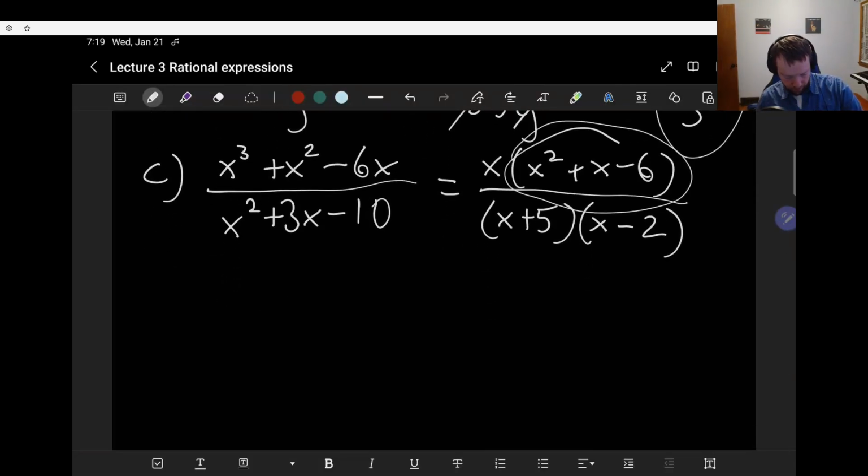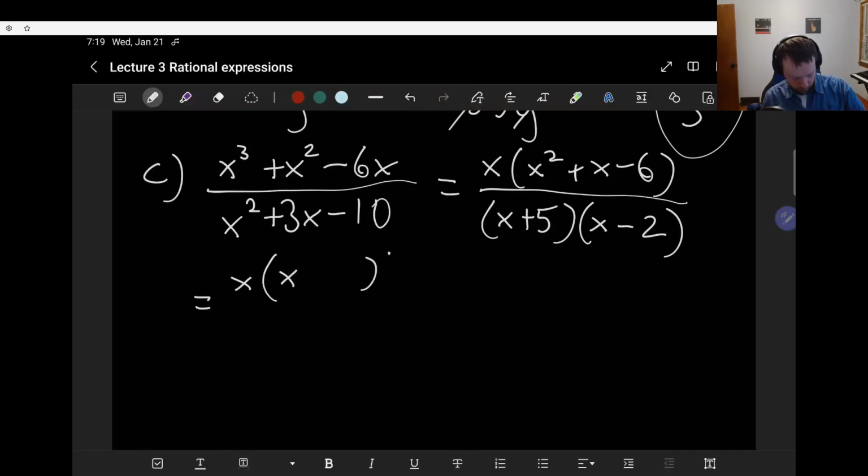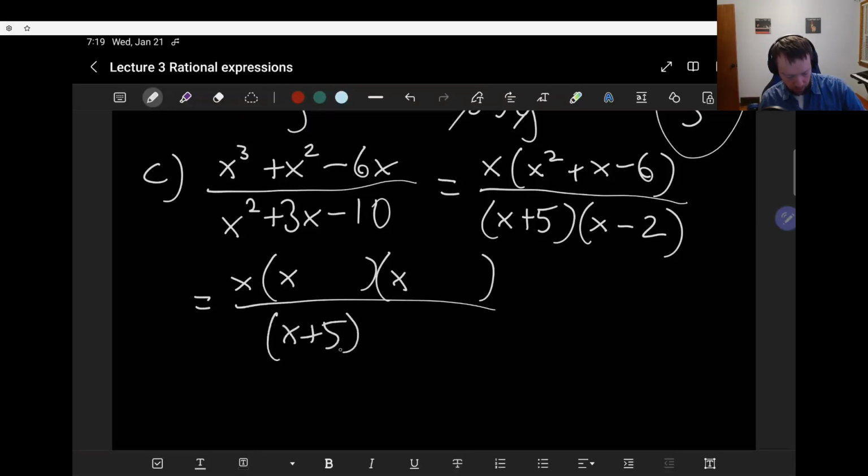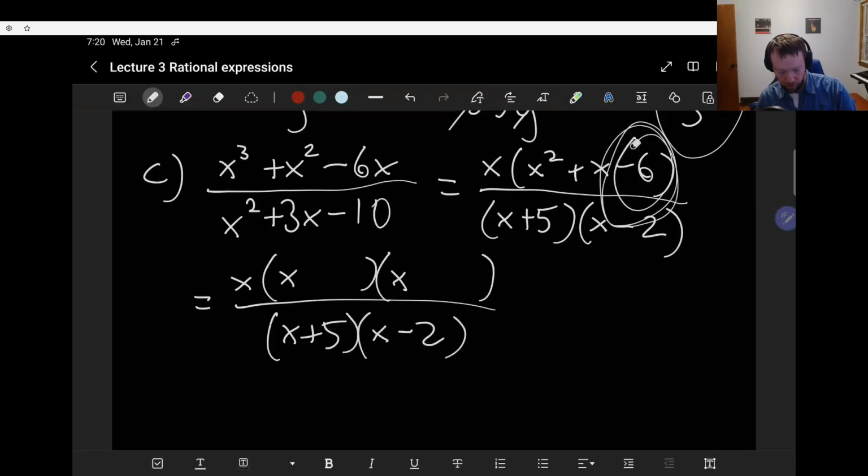Now this polynomial here, we're going to give the same treatment. Let me copy this. These missing numbers need to multiply to -6 and add to 1.